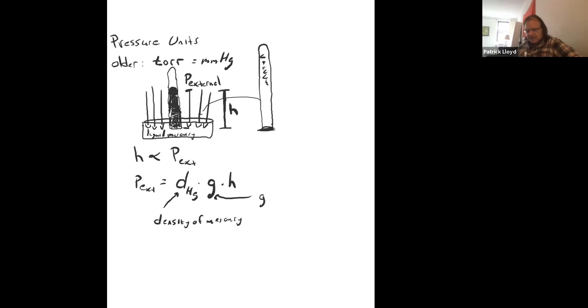This is called the gravitational acceleration of the Earth. Its value is 9.81. I can't remember the other digits, you have to look it up. 9.81 meters per second squared.